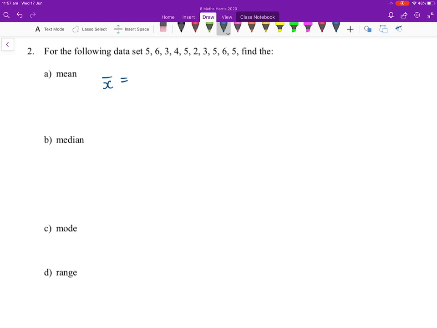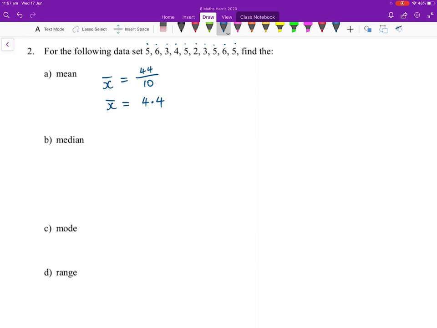Now you can do it in your head as well, but if you do it on the calculator, they add up to 44, and there are 1, 2, 3, 4, 5, 6, 7, 8, 9, 10 numbers. Now if I do 44 on 10, I'm happy to leave the decimal answer because there's only one decimal point and it finishes, so the average is 4.4.